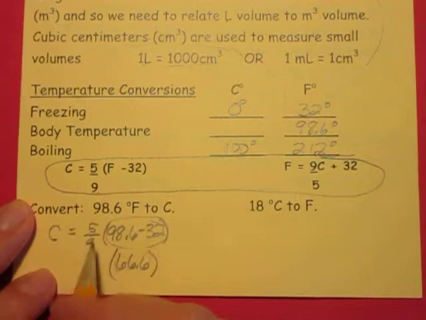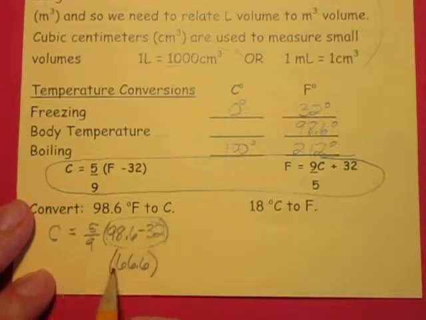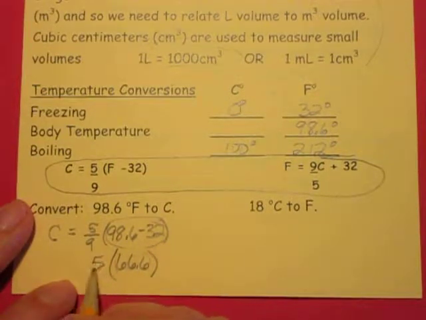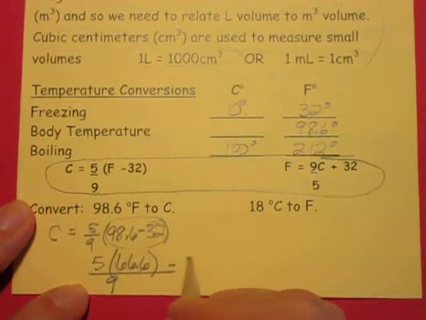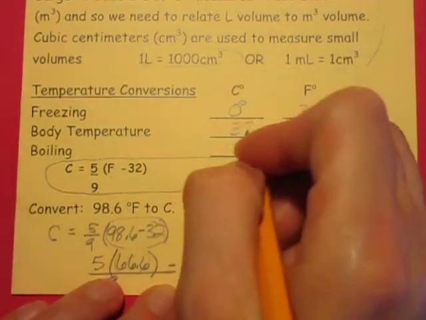I could go to the calculator and identify 5 divided by 9, and I'm going to get some decimal notation. But I think it's probably easier just to say 5 times this 66.6 and then divide by 9. And you should come up with right at 37 degrees. Okay, so we could fill that in there.